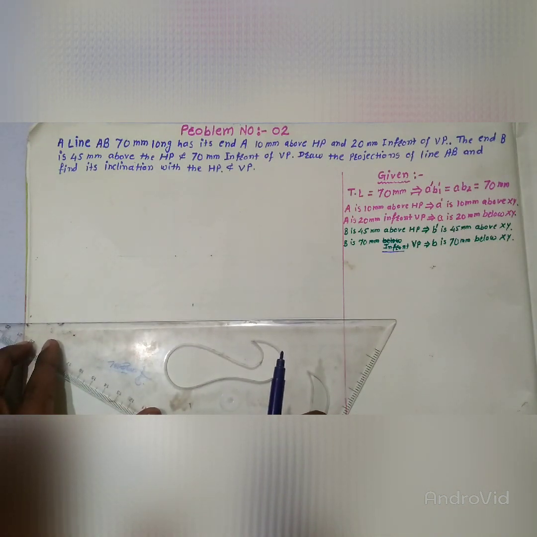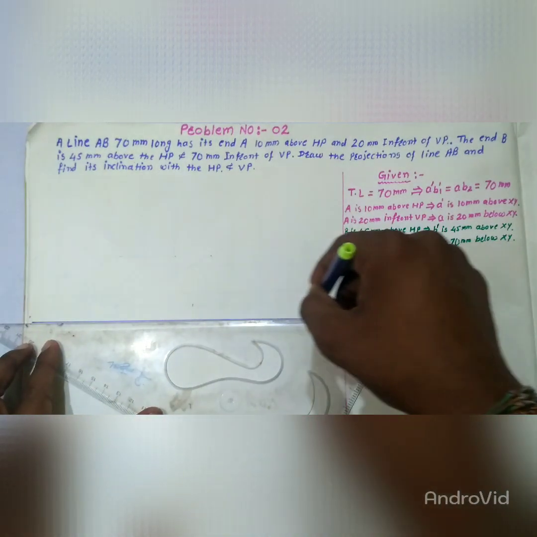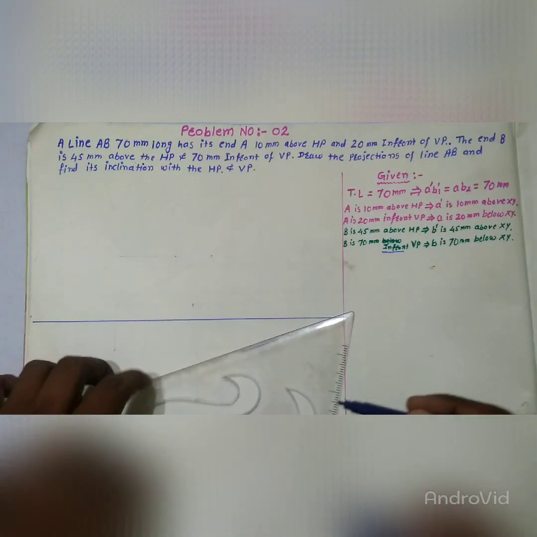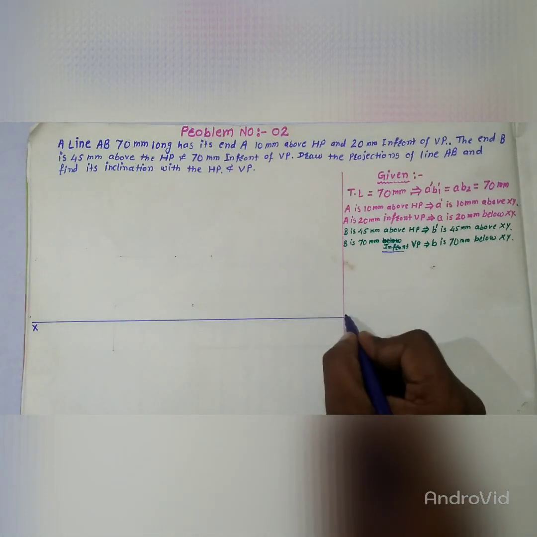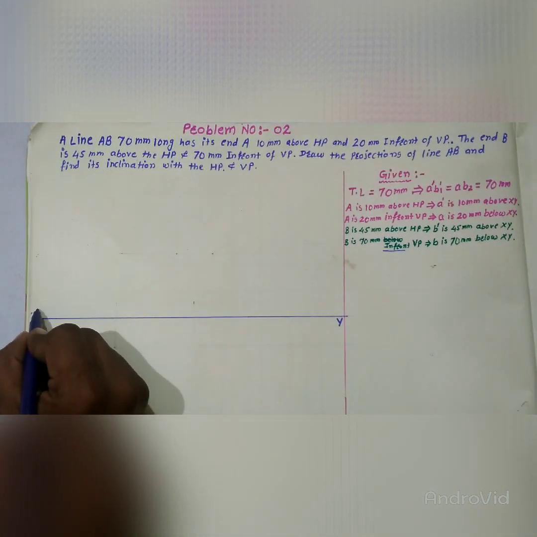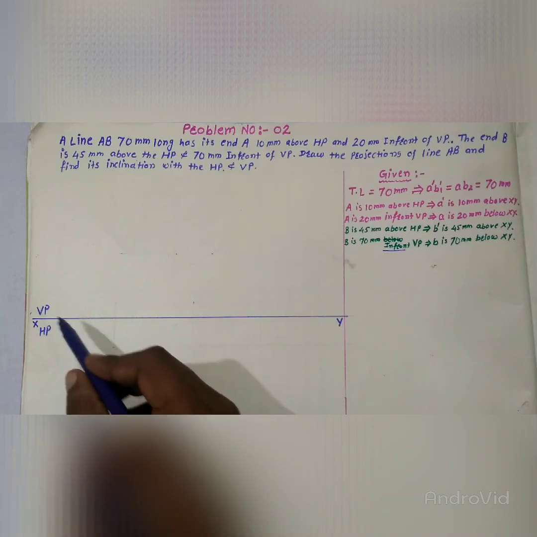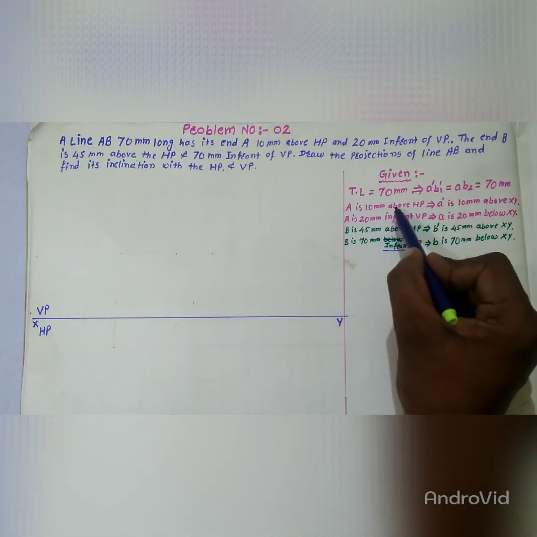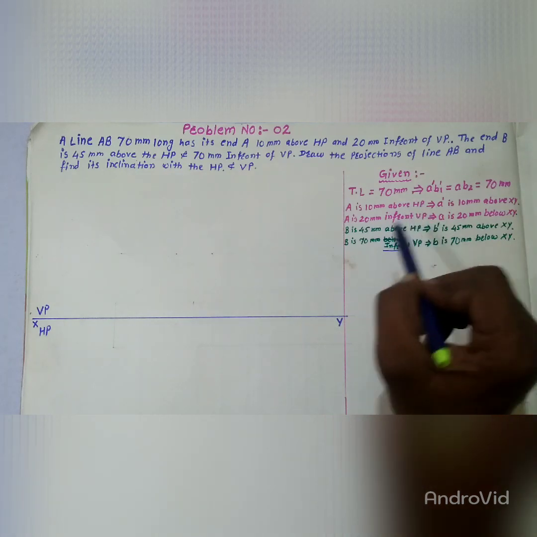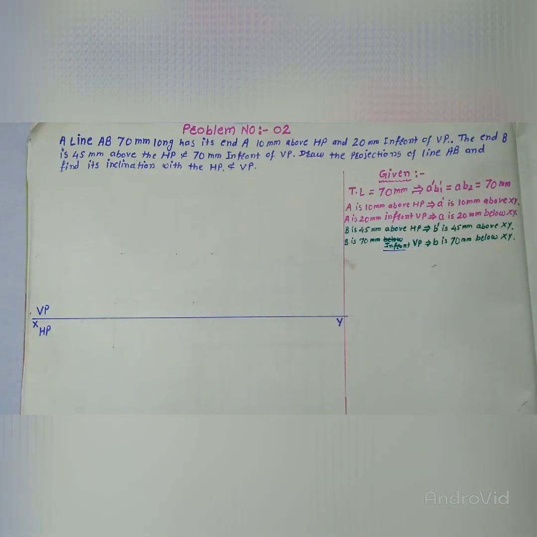First draw the XY line. This is the XY line. This is my vertical plane and this is my horizontal plane HP. Why am I locating this HP and VP? Because point A is above HP and in front of VP, that means point A is located in the first quadrant.